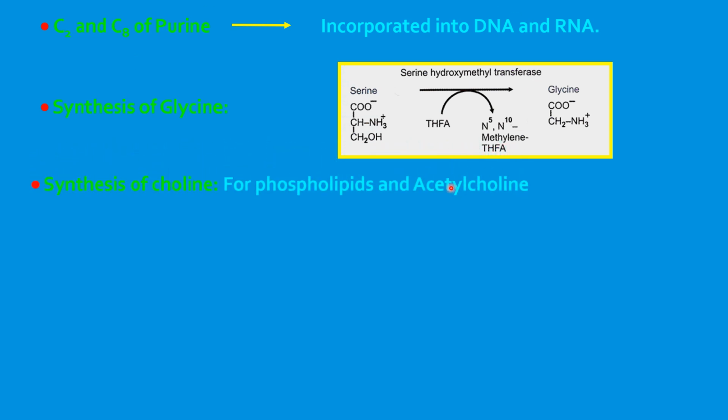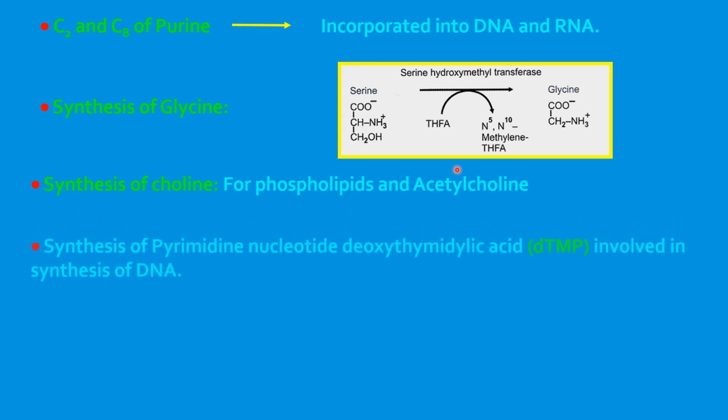Tetrahydrofolate is important in the synthesis of glycine from serine, where it accepts this carbon group and carries it in the form of N5, N10 methylene tetrahydrofolate.